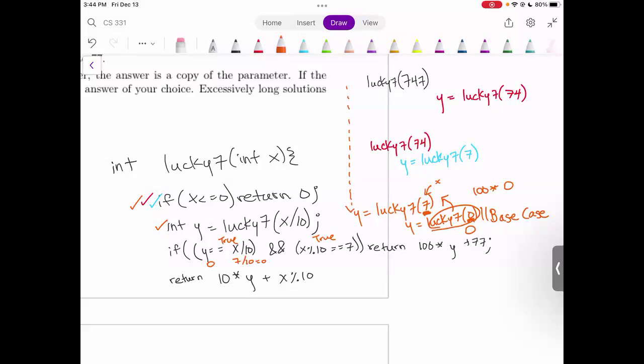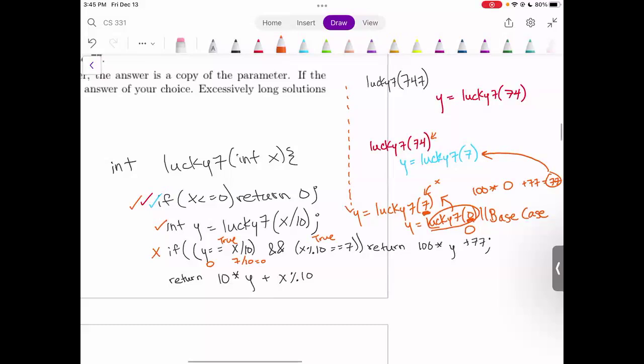Then we return 100 times y, which is 0, plus 77, which is just 77. This whole thing is what we return from where it was called. So it was called from lucky7. So then we check this one. This one is going to be false for the if statement. So we go to, pretend like there's an imaginary else here.